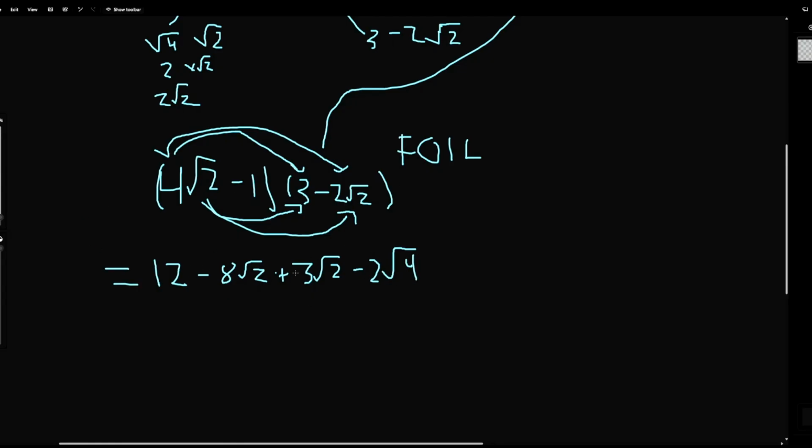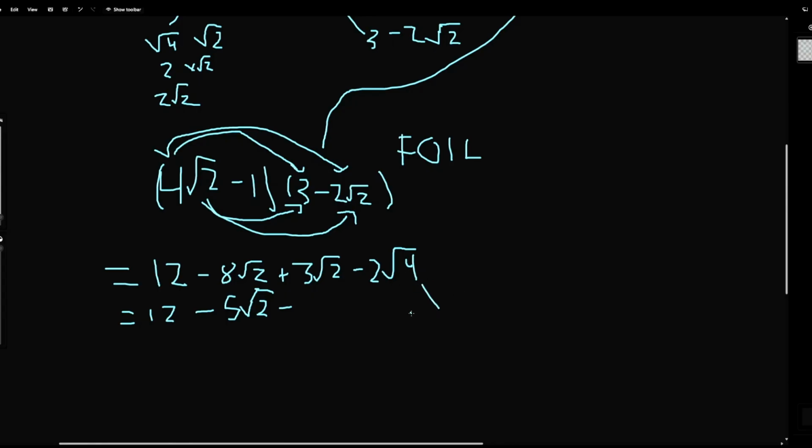Now, how can we combine like terms and simplify this? So first, we notice that these both have the same thing inside the square root, so we can add them. 12 minus 8√2 plus 3√2 gives us minus 5√2, minus 2√4. But actually, this can be simplified right now.